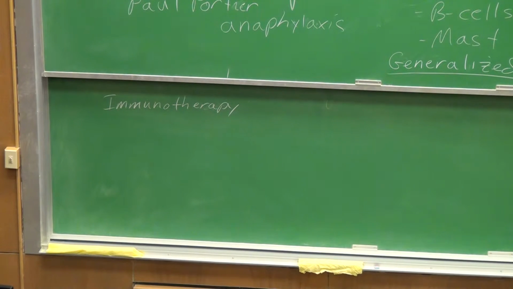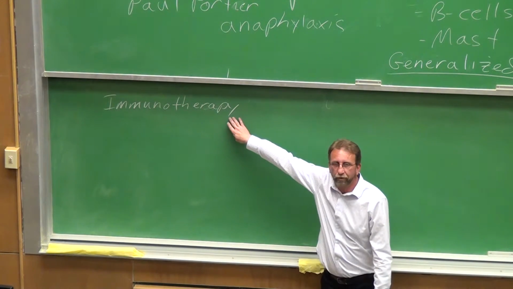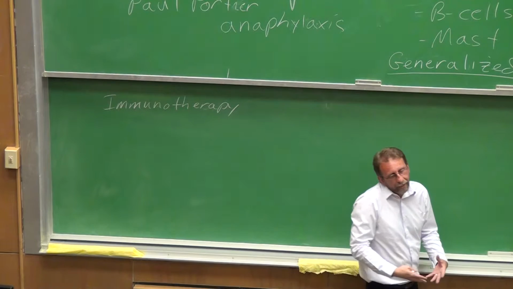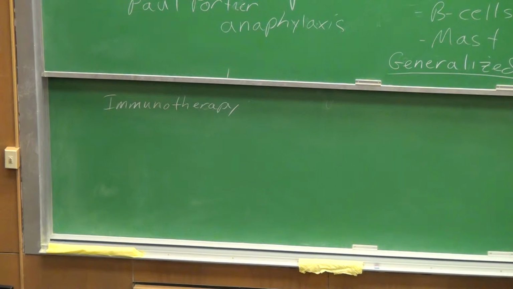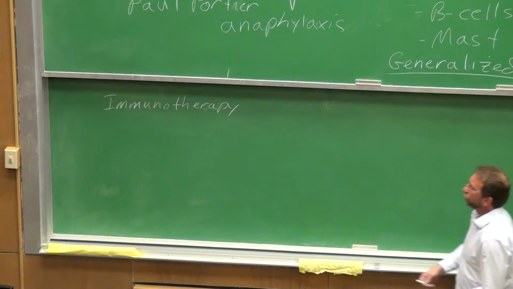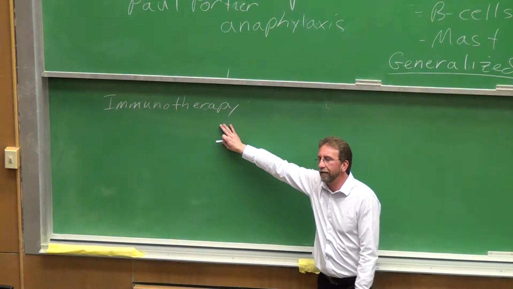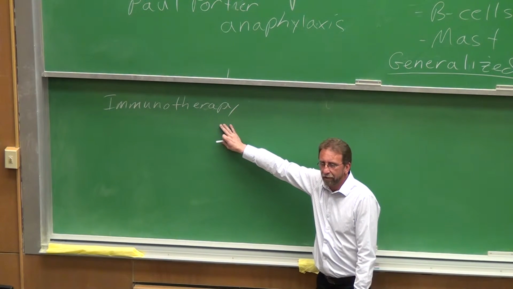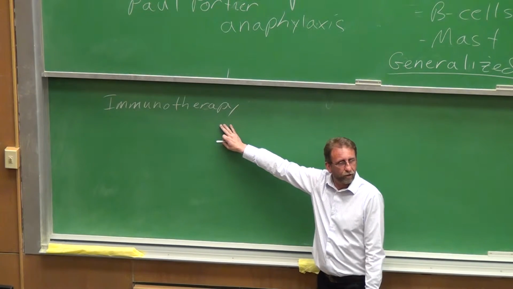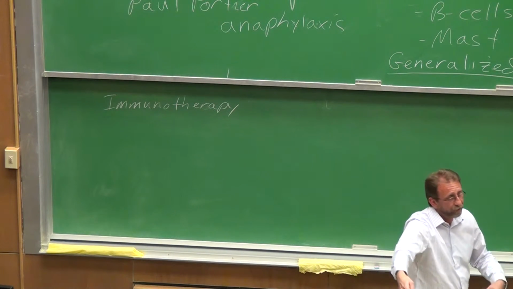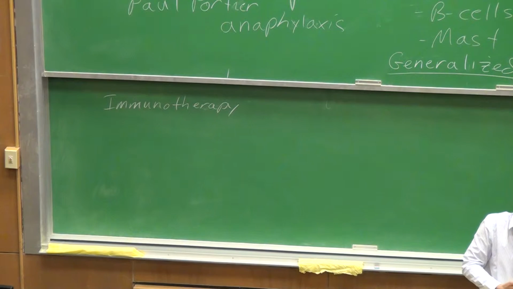And so the doctor at the time decided that I needed to undergo immunotherapy. Immunotherapy is an attempt to desensitize your body, if you will, to the antigen or the allergen so that you don't respond to it. And so for, I forget the time again, I think it was about 12, 18 months or so, 2 times a week, my mother would take me down to the doctor's office and I'd get a shot in the arm.